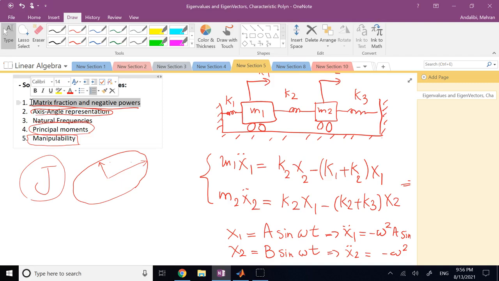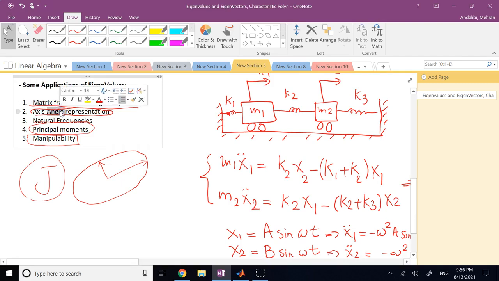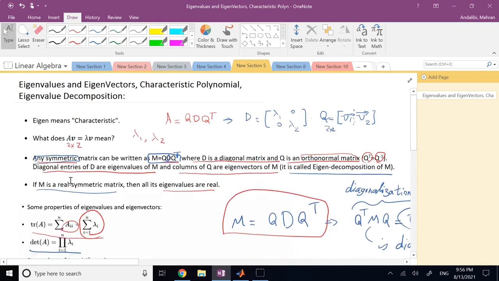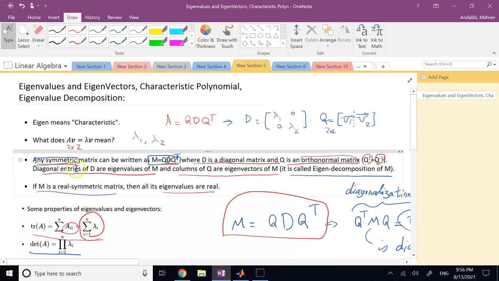And we have to look at the powers of that sometimes, or functions of that. This axis angle is robotics, manipulability is robotics, principal moments are statics and solid mechanics, and natural frequencies are vibrations. So I showed you some applications of this topic in several undergrad or graduate level courses.